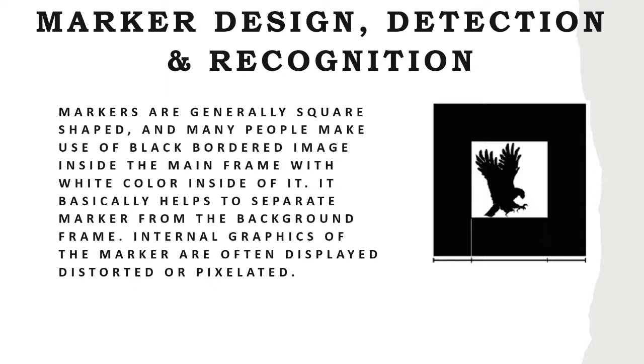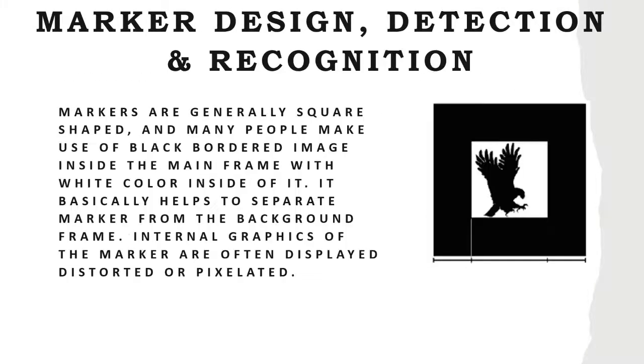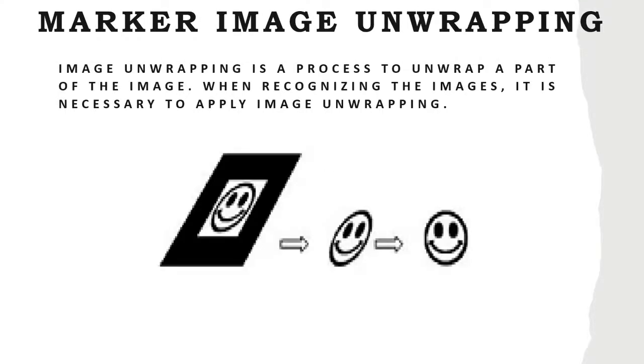Basically, this type of image helps in image unwrapping. Here you can see that this is a bird. After the image unwrapping technology is applied, you can see in this image, the white borders are there, and here is the face.